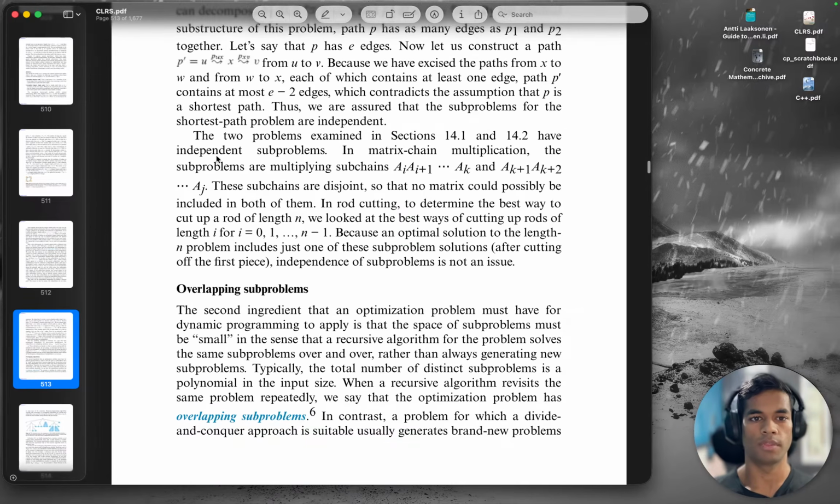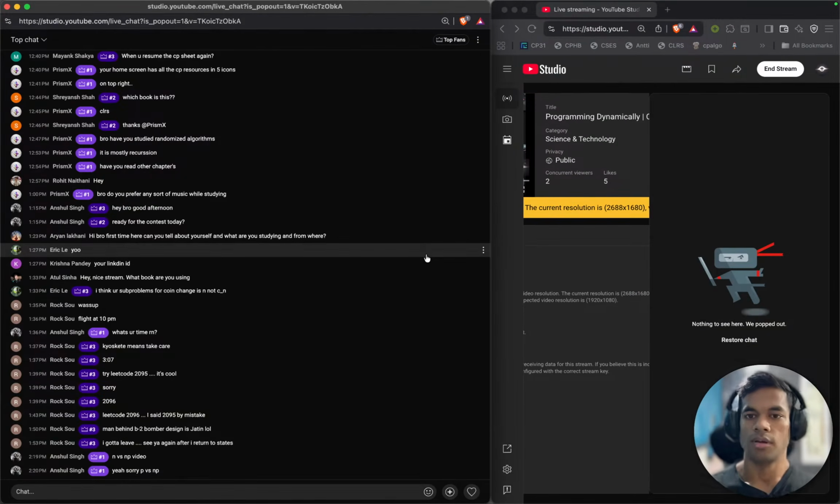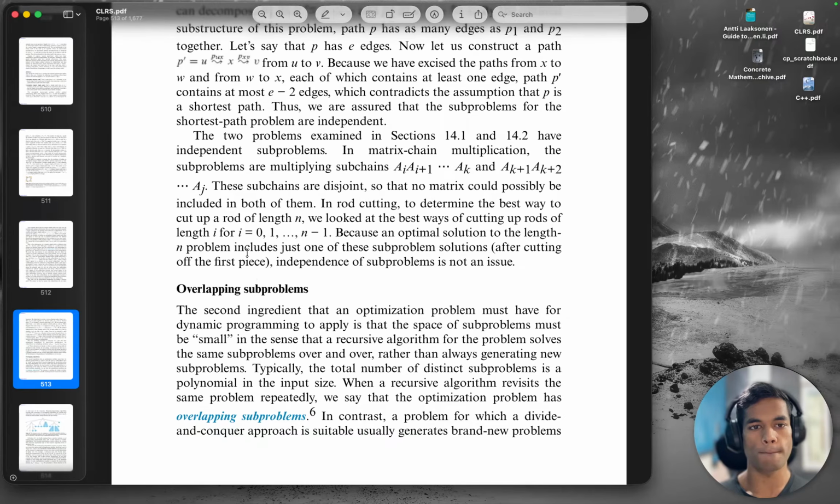That is true. The two problems examined in sections 1 and 2 of this chapter have independent subproblems. In matrix chain multiplication, of course they are independent.